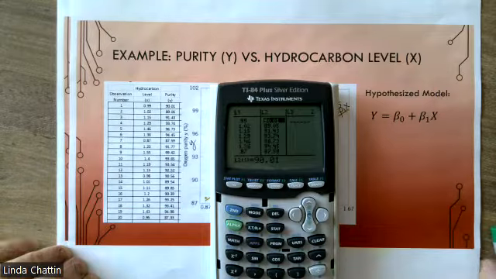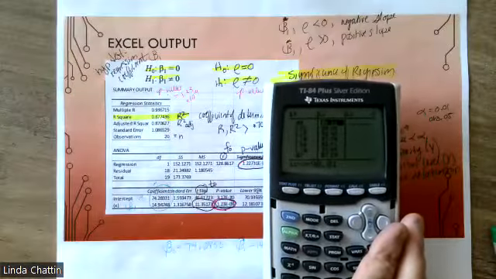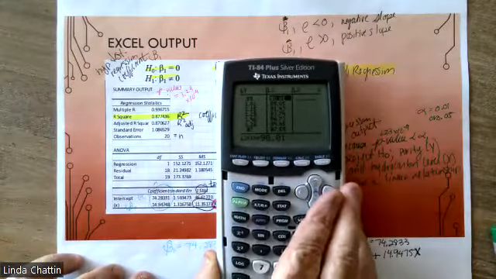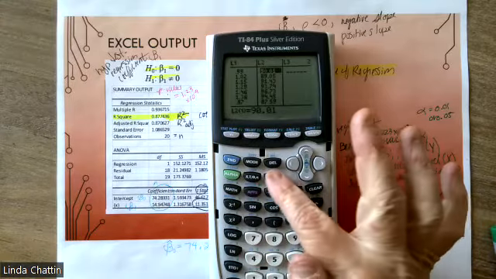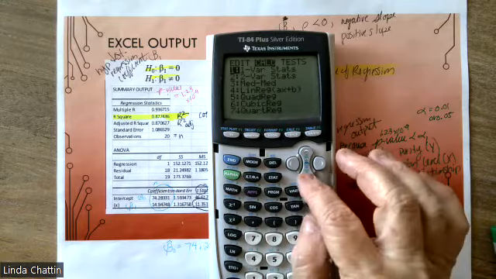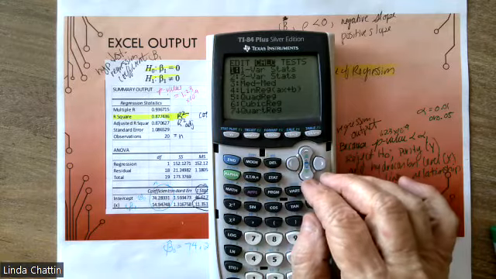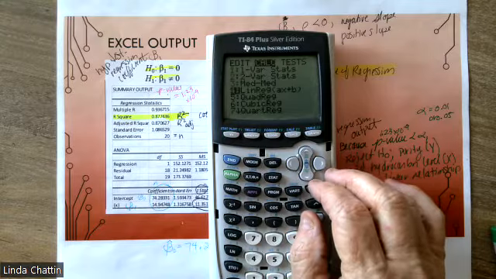Now, if I just want to generate the estimates for beta naught hat and beta 1 hat, and you're probably going to need more than that, but suppose I just want to do that, then I can go to stat, calculate, and then I'm just going to go down here to find my linear regression function right here.